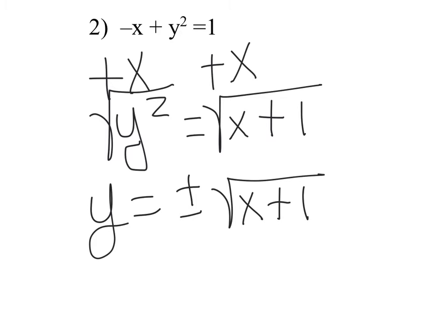And in this case, we did not get just one value for y, we got two. We got plus root x plus 1 and minus root x plus 1. So because of that, this particular equation is not a function.